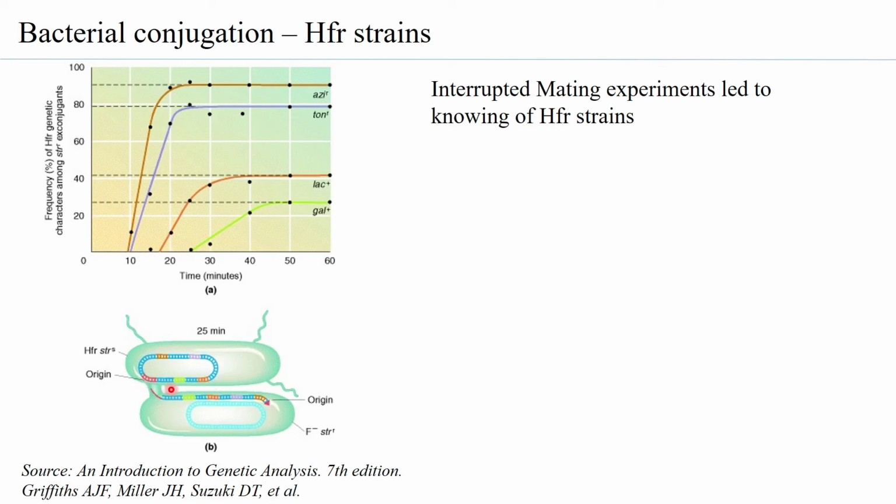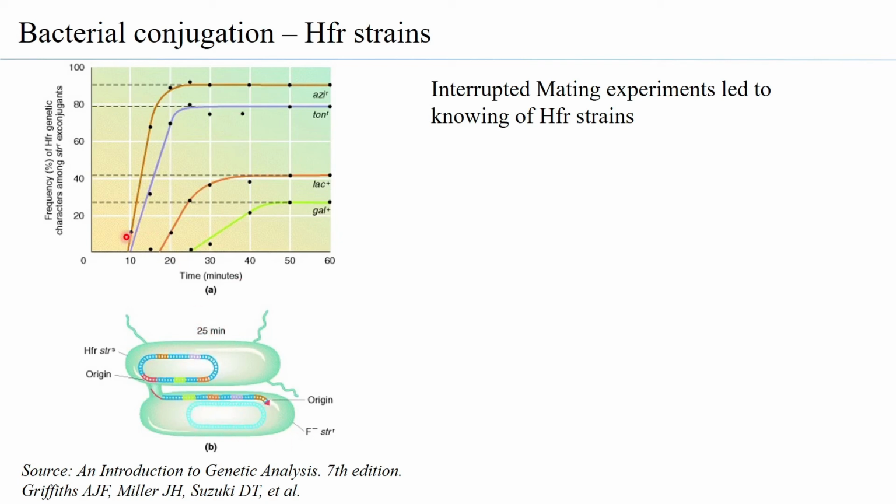If you let it go on for another 5 minutes, then you will have a longer chromosomal DNA get into the recipient cell. So, as you keep increasing the time period given for transfer of DNA, you will find eventually that one by one the genes of the chromosomes are transferred to the recipient cell.